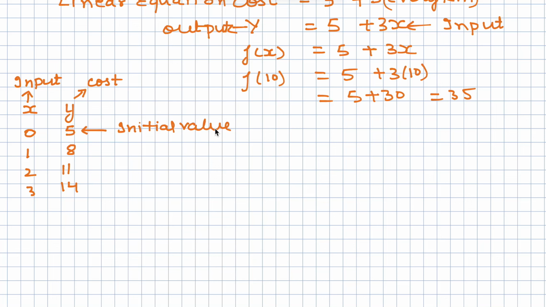So whenever we write the initial value, its input is always 0. It can be any value depending upon the story. And then comes the next: 1, 8, 2, 11 and 3, 14. Now we have enough data to draw the graph.